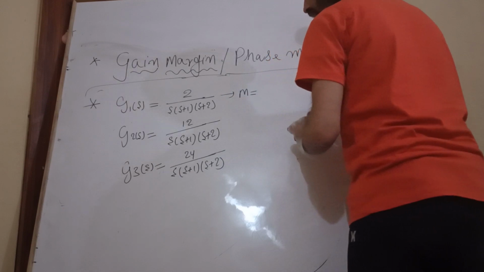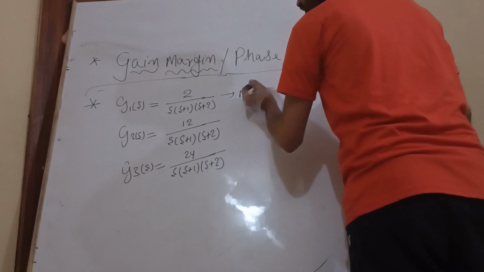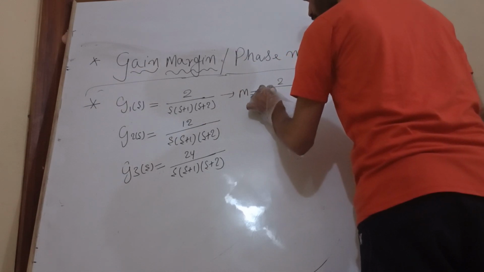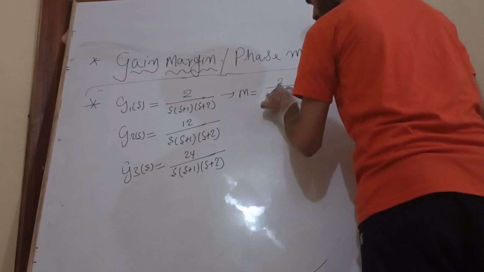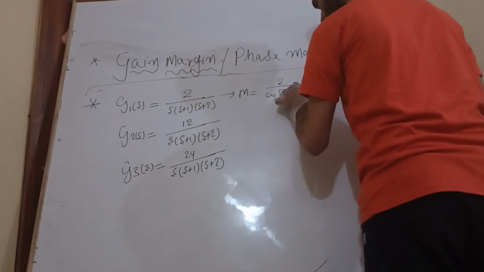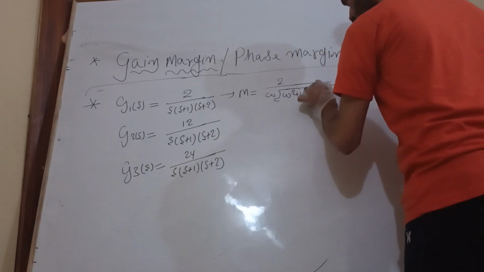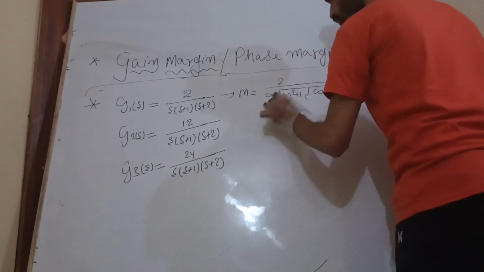And what is the magnitude? 2 by omega into square root of omega square plus 1 into square root of omega square plus 4.